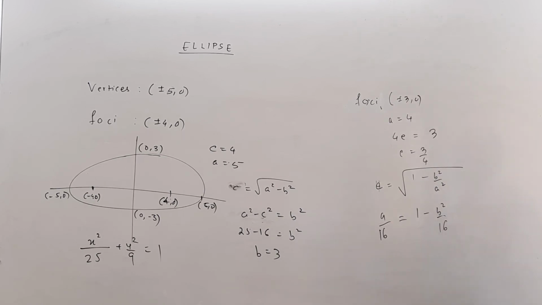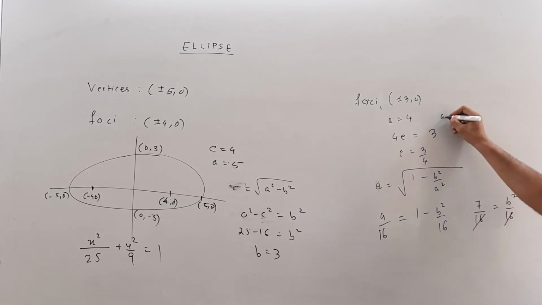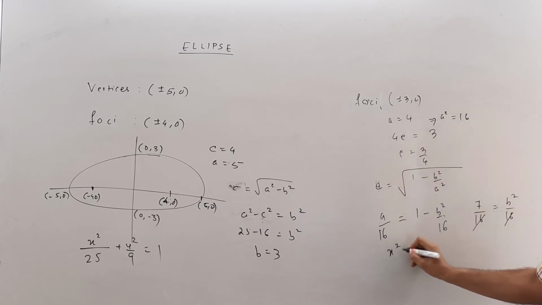So I will just substitute it over here, and then we have 1 minus 9 by 16, which is 7 by 16, which is b square by 16. So b square is 7. a square is going to be 16. So the equation of ellipse is x square by 16 plus y square by 7 is equal to 1.